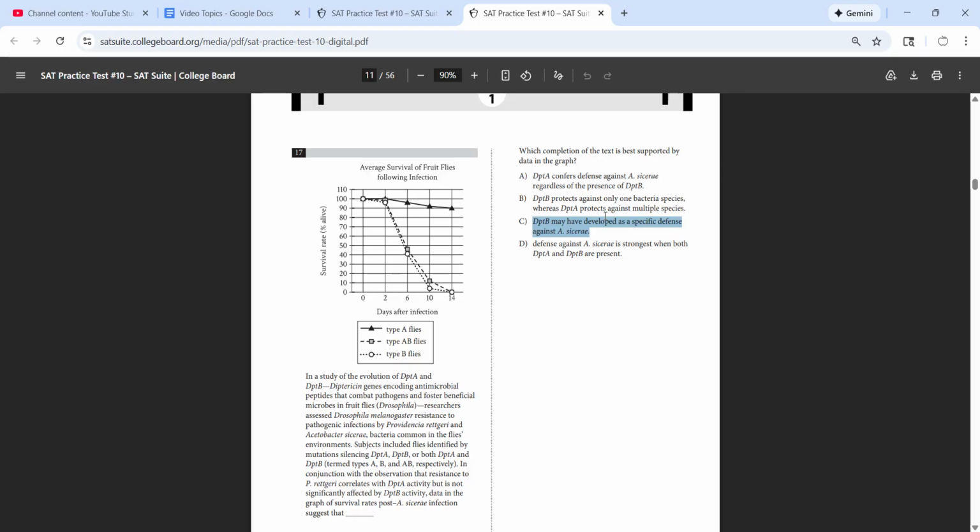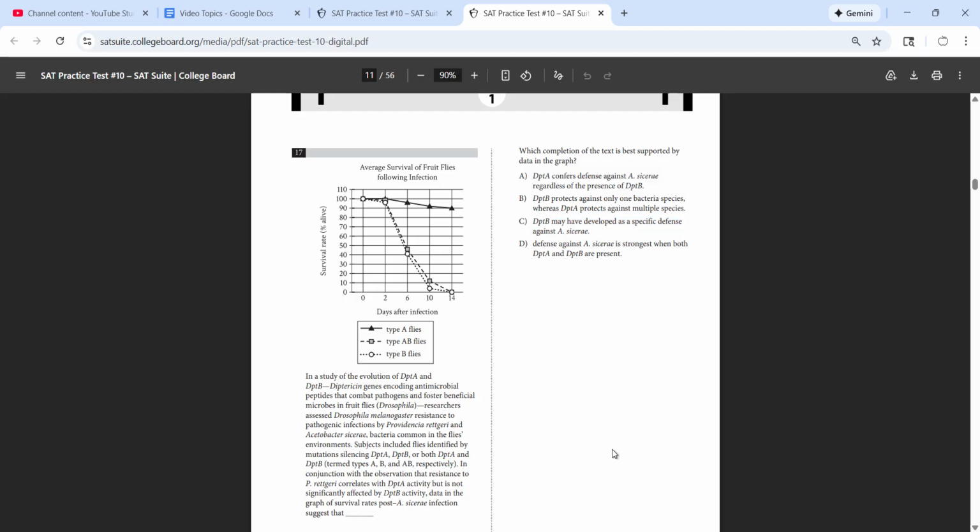But if the graph or the table, not the text, if the graph or the table does not explicitly show that the sky is blue, or some data or some fact that is so closely supportive of the fact that the sky is blue, then the answer choice that says the sky is blue is wrong.